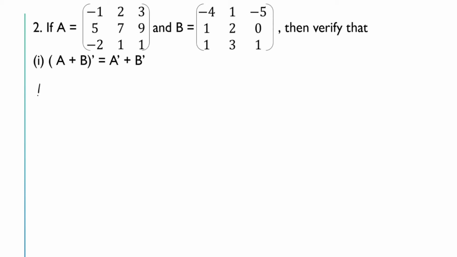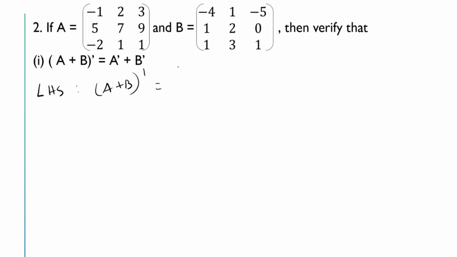So first we will take the left hand side. Let us add the matrices A and B. So we have to add the corresponding elements. So these two elements we have to add, then these two elements, that is minus 1 minus 4, 2 plus 1, 3 minus 5, 5 plus 1, 7 plus 2, 9 plus 0. Like that we have to add each of these elements.